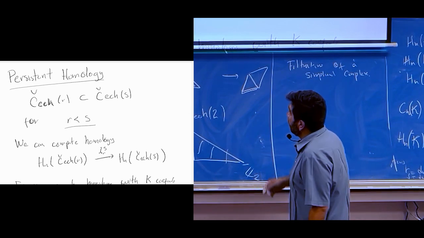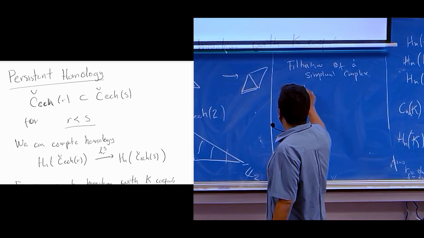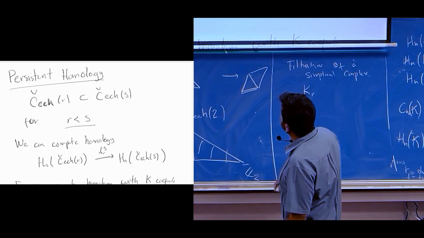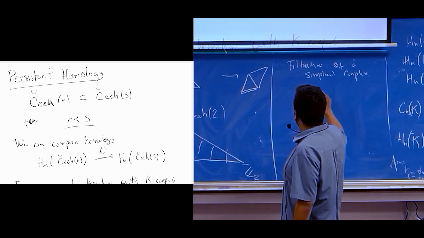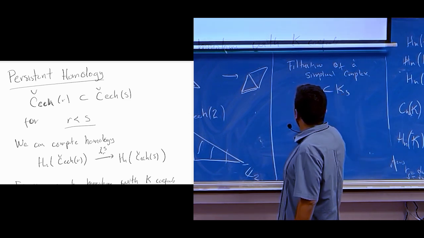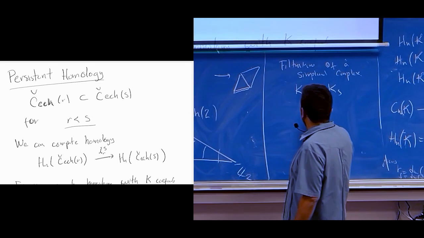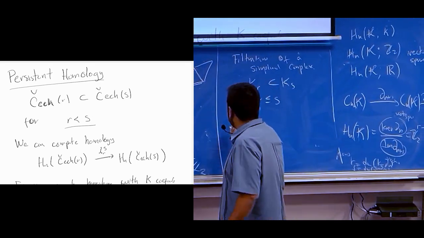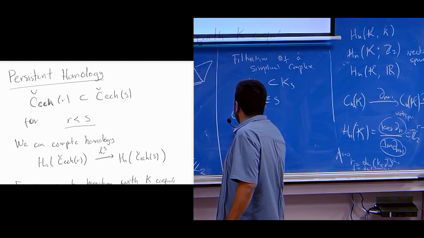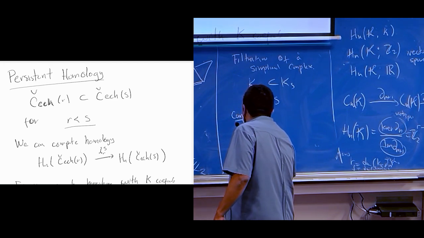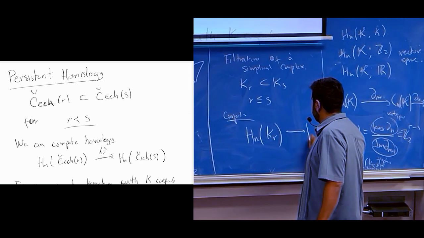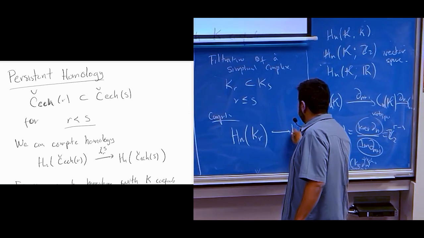So once you have a filtration, usually we are going to write it like this: K_R contained in K_S, with R lower than or equal to S. And then associated to it, we are going to compute the homology and induced maps.